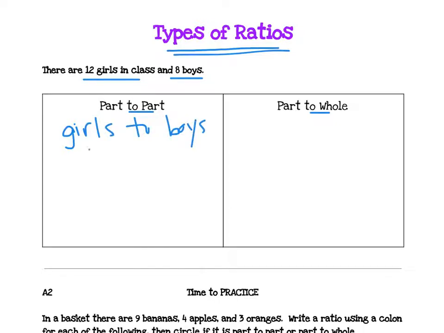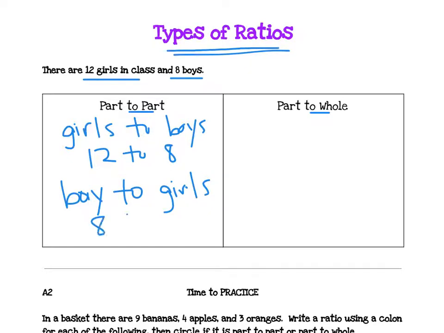Okay, that would be a 12 to 8 ratio. Another one would be boys to girls. Okay, still comparing part of the class to another part of the class. So that ratio would be 8 to 12, just the opposite of what we did up above.